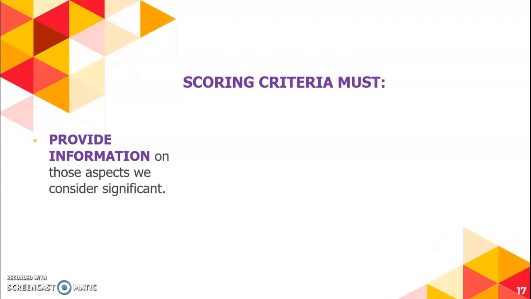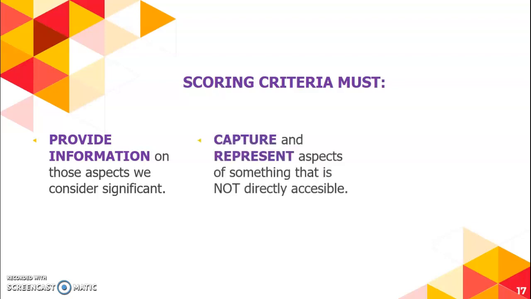What is it that we want to assess? Then the criteria need to capture and represent aspects of something that is not directly accessible by just paying attention to students' behavior. And finally, the criteria need to be precise and avoid ambiguity.